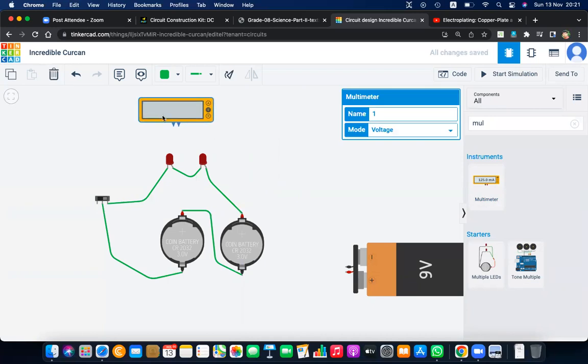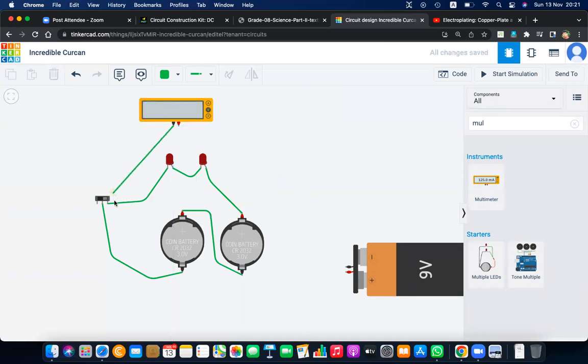So if you measure the voltage from here to here, when you measure the voltage, you can see it's getting 2.38 volt.